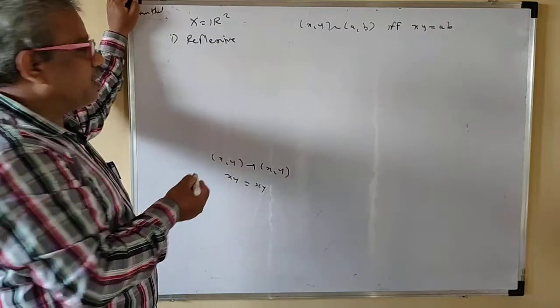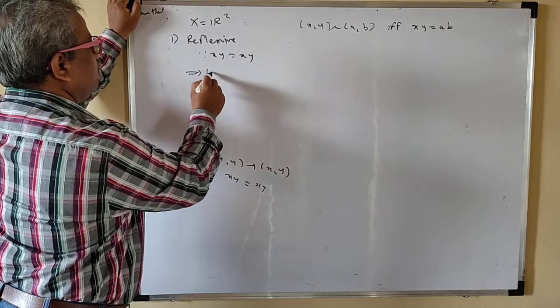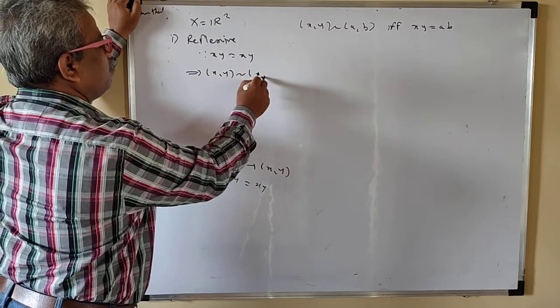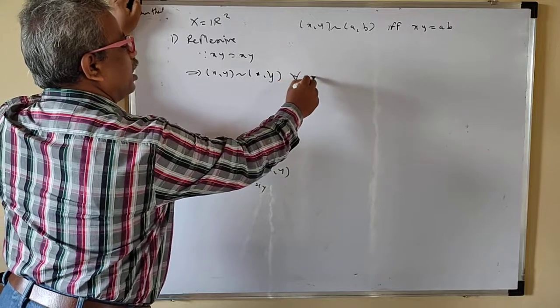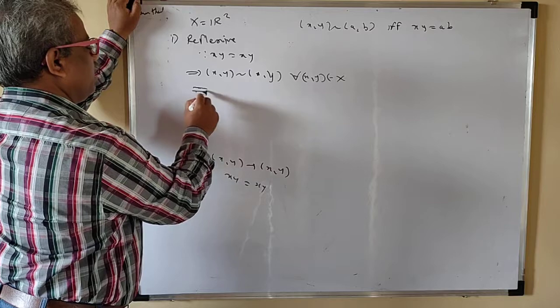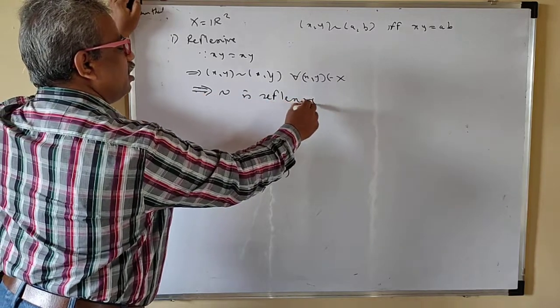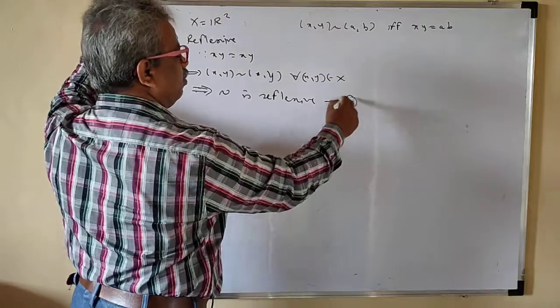This is also true. Since xy is equal to xy, this implies that (x,y) is related to (x,y) for all (x,y) belonging to X. Therefore the relation is reflexive. The reflexive part is very easy. We call this A now.